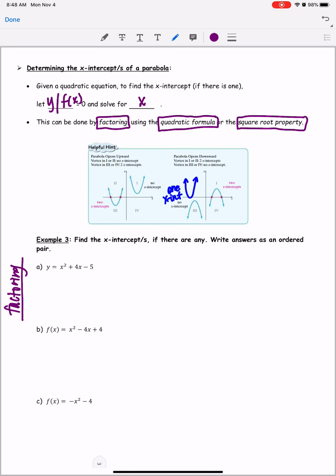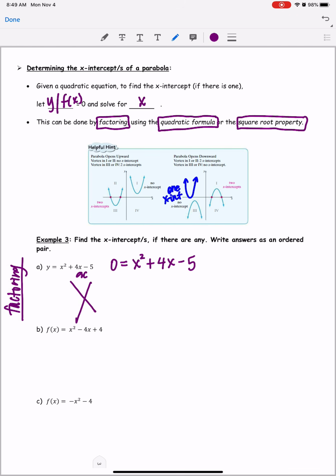So I've got 0 equals x squared plus 4x minus 5. First, is it in standard form? Yes, it is, because it equals 0. Do I have a GCF? Nope, there's nothing I can divide out of all three terms, so we'll go straight into our x.